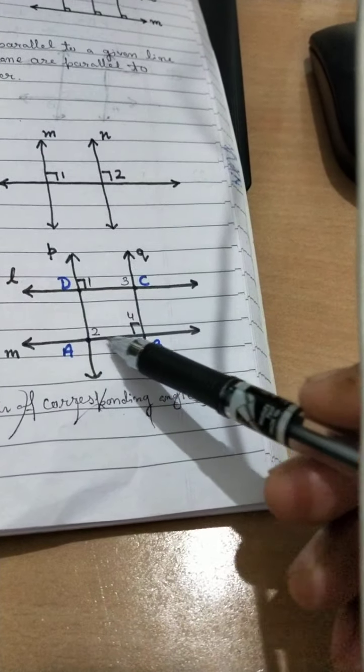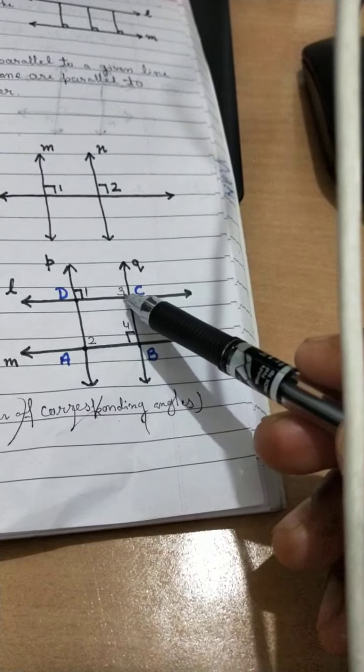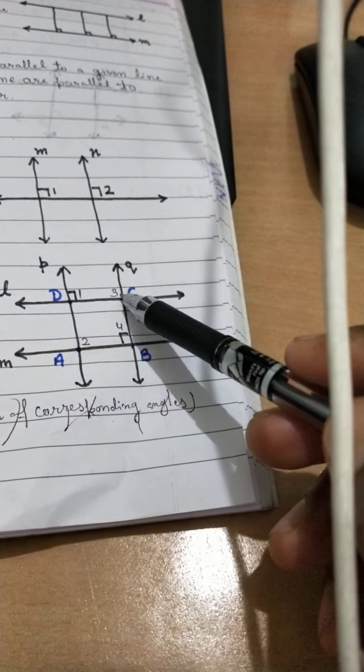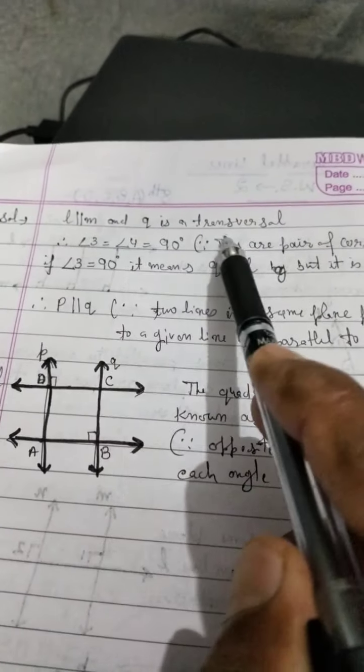If this angle is equal to 90, then this angle 3 is also 90, because these are pairs of corresponding angles. L parallel to M and Q is a transversal.